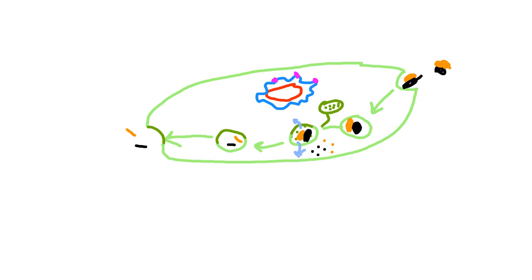So this whole process begins with a phagocytosis on the far right of the screen. Phagocytosis brings the large macromolecules or even entire cells into the larger cell. Then the fusion of the lysosome with the food vacuole.